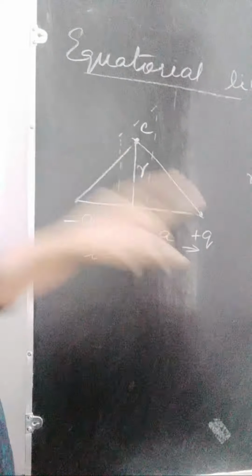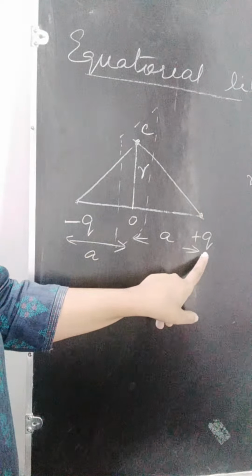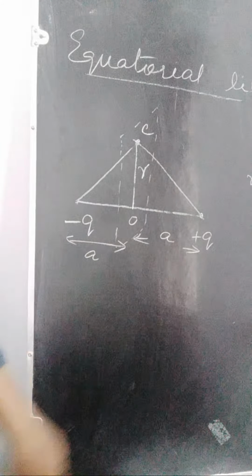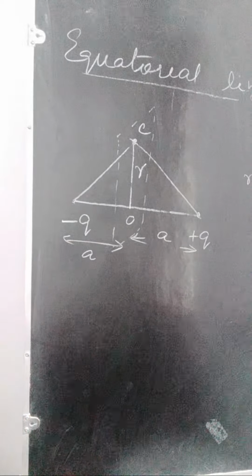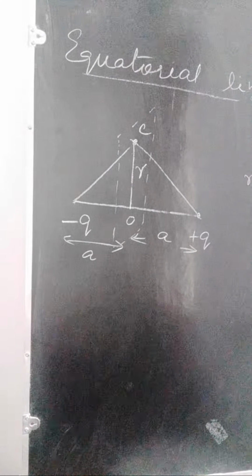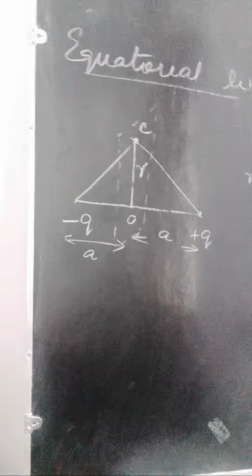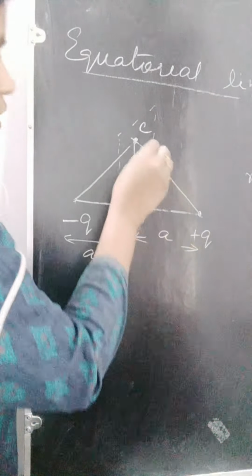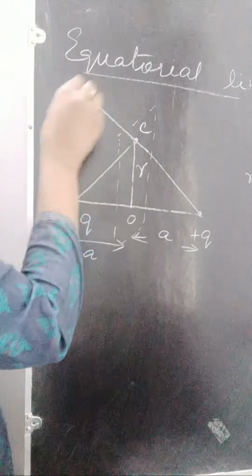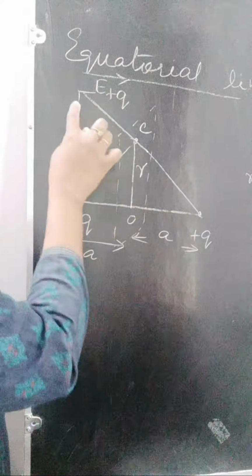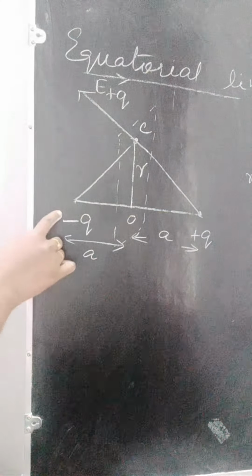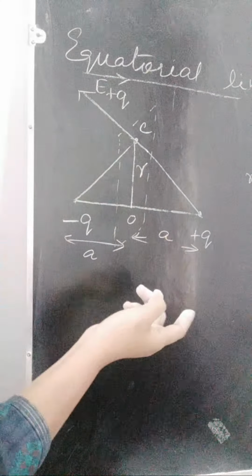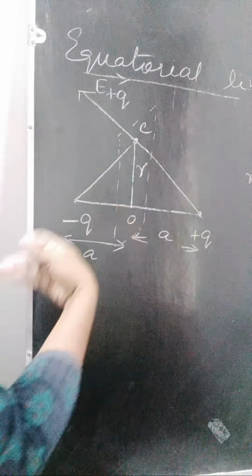Now come here, the electric field. This is plus Q. Plus Q means the electric field line will go away from the charge or towards the charge? Away. So the direction will be E plus Q vector, away from the point charge. And for negative Q, the electric field line representation will be towards the charge.